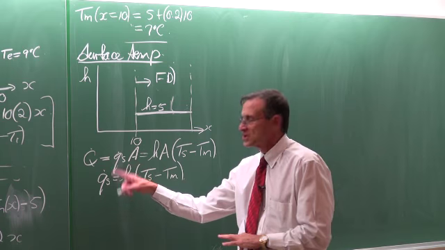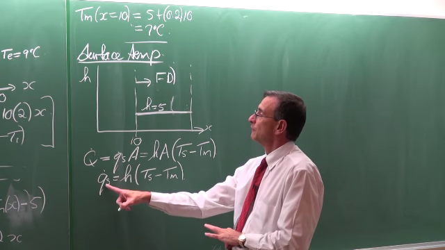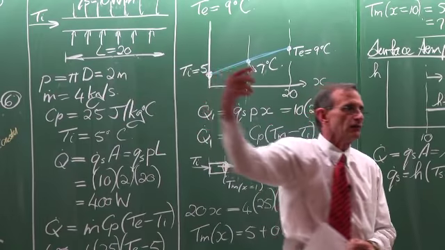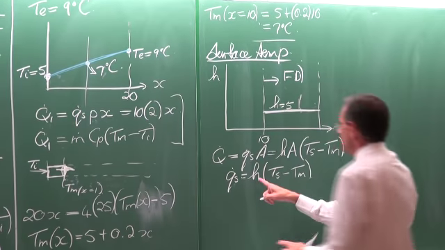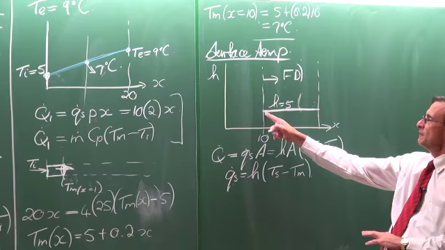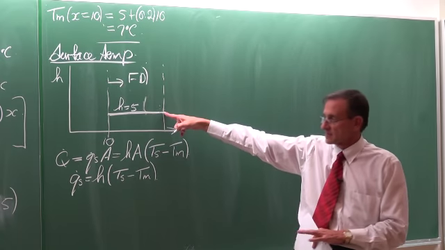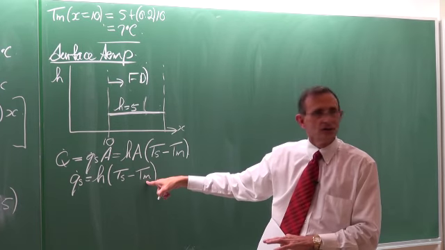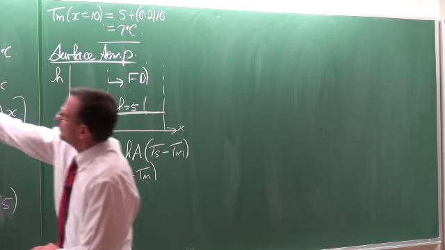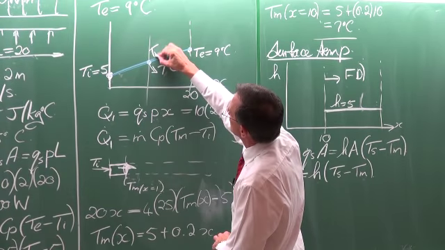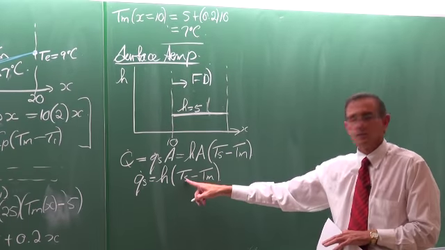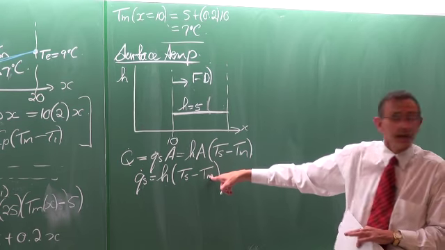Okay, this is a constant, for everywhere. All over the tube, the heat flux is a constant. This one is a constant only for the last 10 meters. That one is not a constant. We can see the mean temperature of the fluid is changing. So the surface temperature is going to be a function of x.